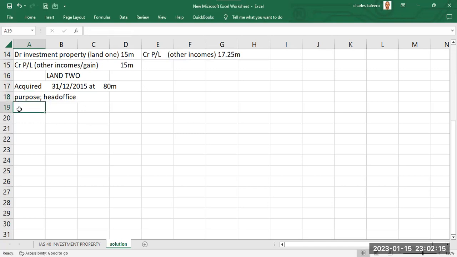Then the model here they are going to be using is the revaluation model. They said it is a fair value, but since we don't have a fair value in IAS 16, we are going to be using the revaluation model.